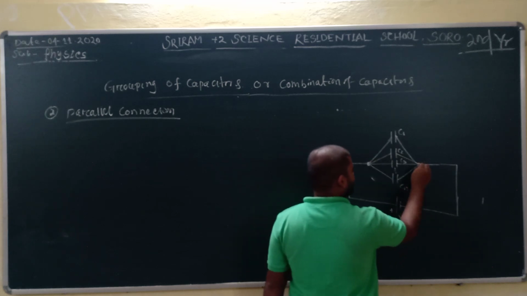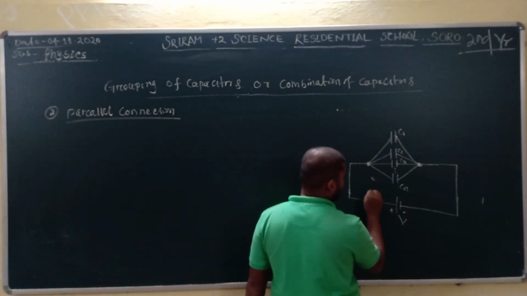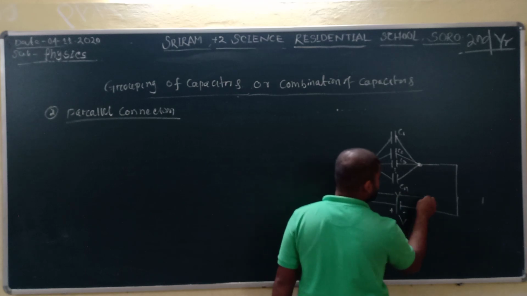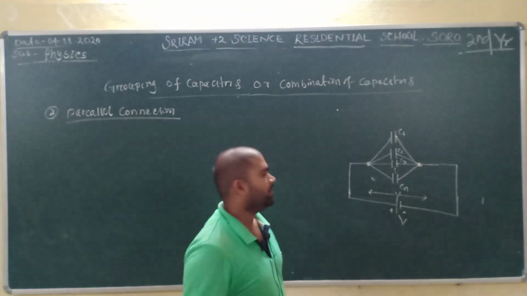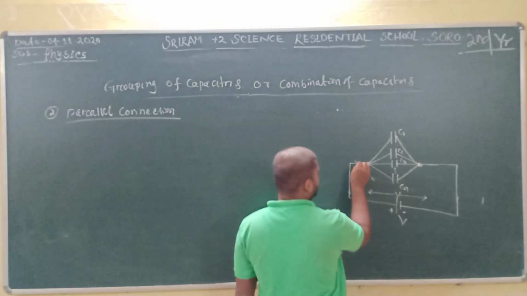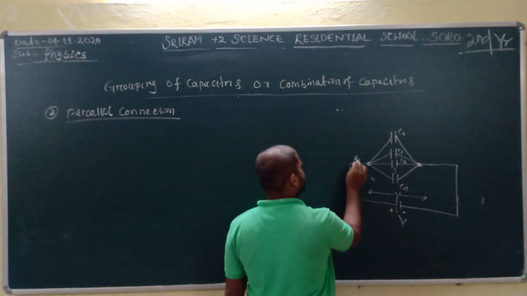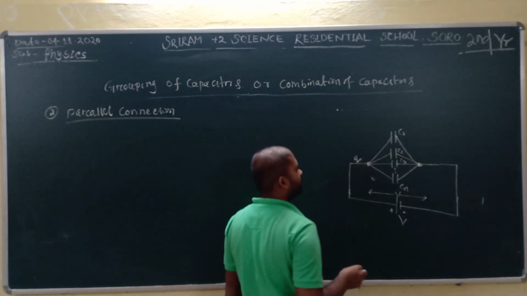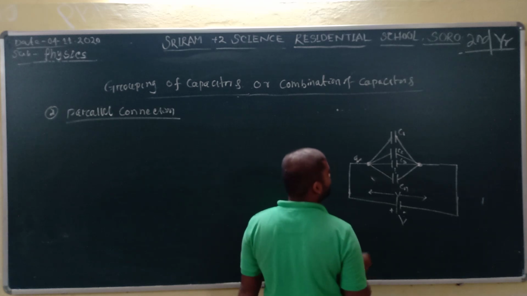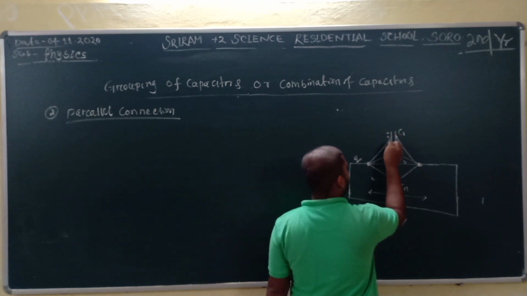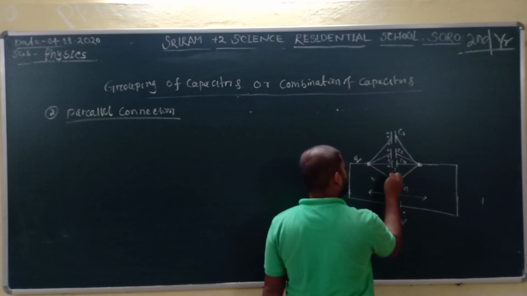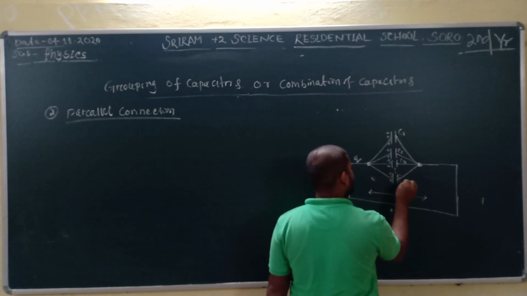All the capacitors operate in between two common points having potential difference V. Suppose this is the charge Q, this one is plus, and this one is minus.